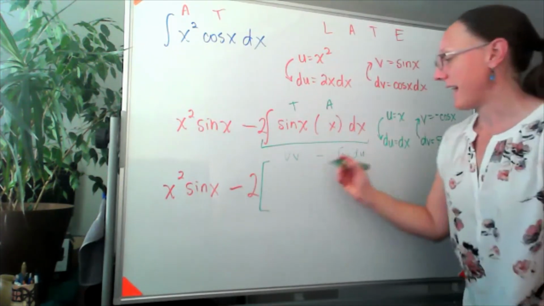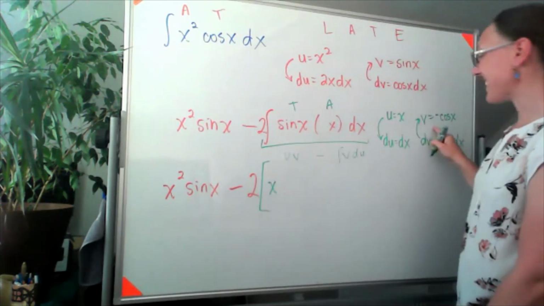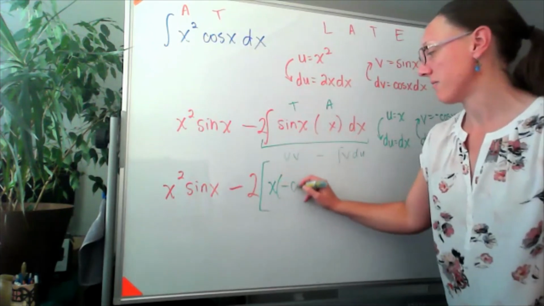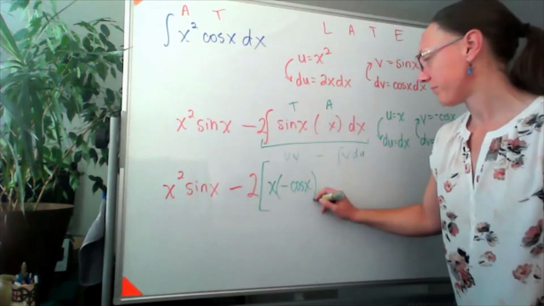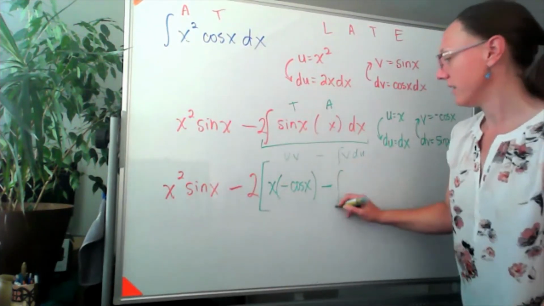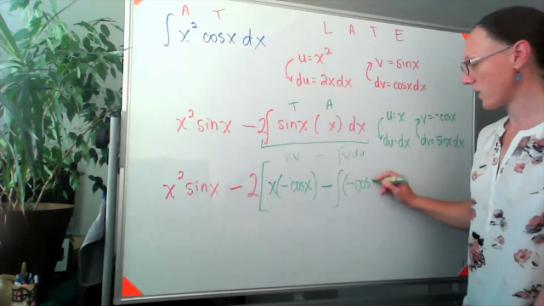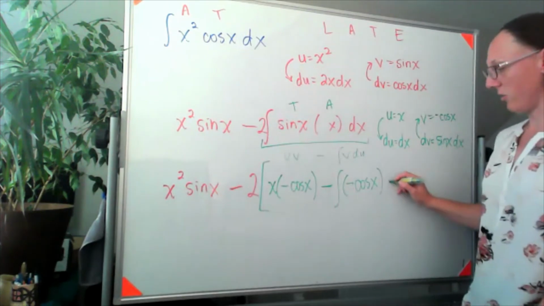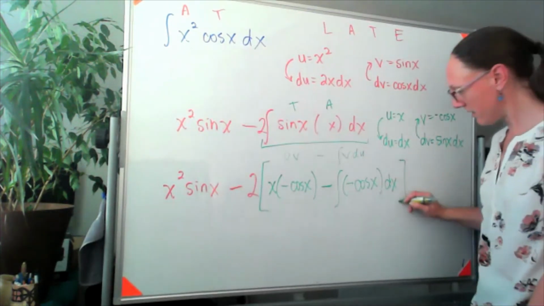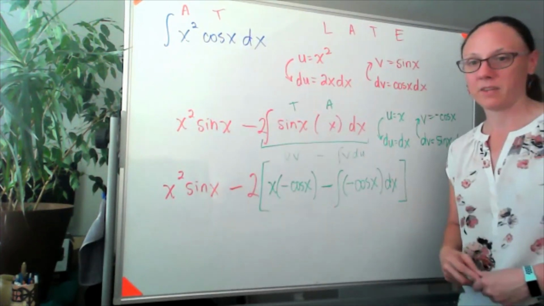My u is x. v is negative cosine of x, minus the integral of v, negative cosine of x, du, dx. And there we go.